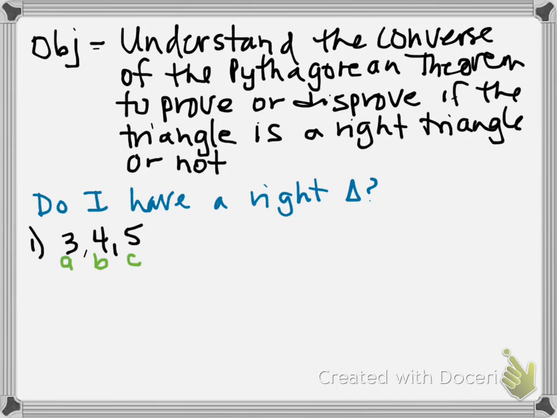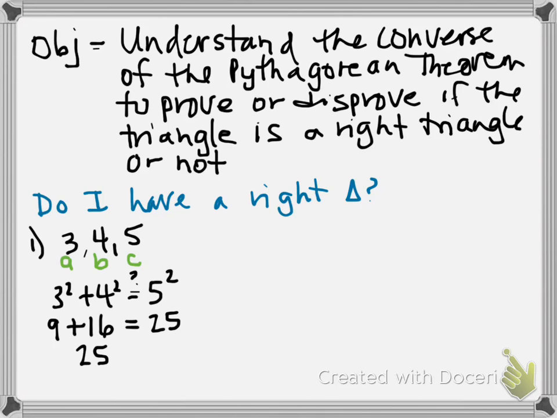So what you do is you put those 3 numbers into Pythagorean theorem, A squared plus B squared, and the question is, does that equal C squared? So what's 3 squared? 9. What's 4 squared? 16. What's 5 squared? What's 9 plus 16? 25.